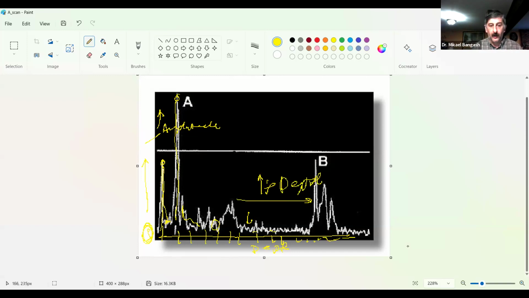So at different depths, you will be able to identify the intensity of the reflections produced by the structures. So this is just a demo of your A mode. Did you guys get that?